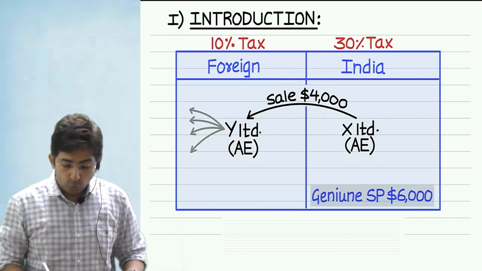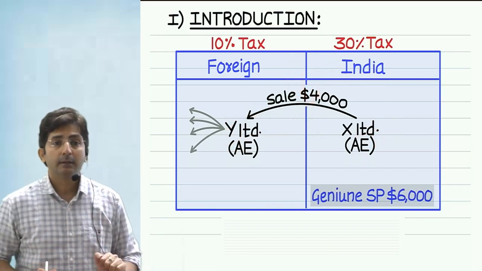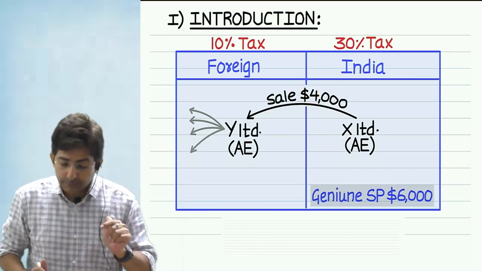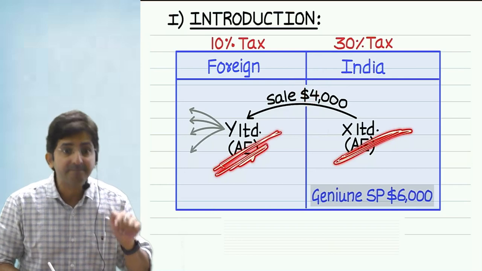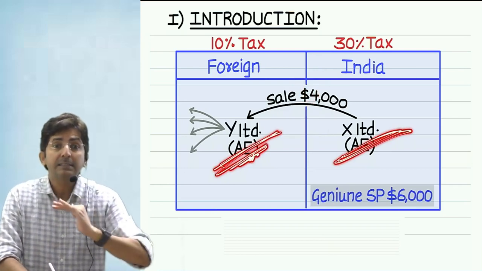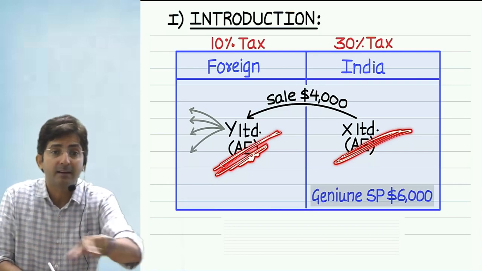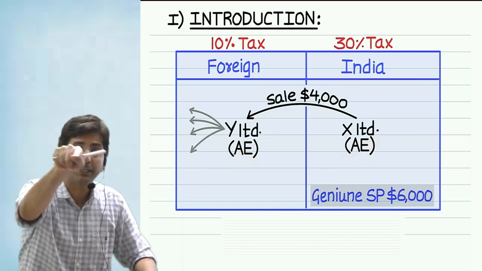Meaning, to doubt your price of 4,000, there is a condition that the government should be able to say that you both, X and Y, are associated. Once it is established that you are associated, then only you will be blamed for the cheating.